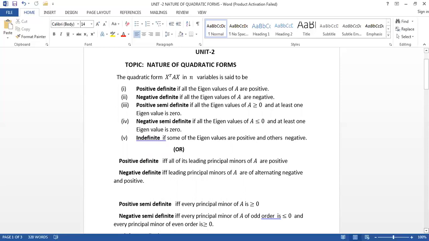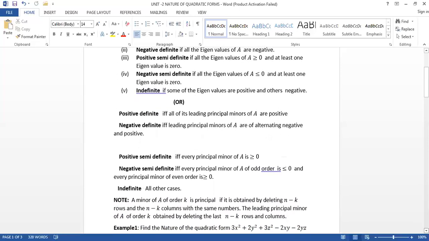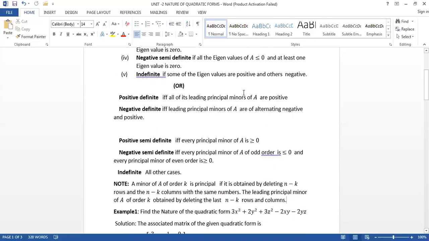So let's see that process. The quadratic form is positive definite if and only if all of its leading principal minors of A are positive. Negative definite if and only if the leading principal minors of A alternate between negative and positive.